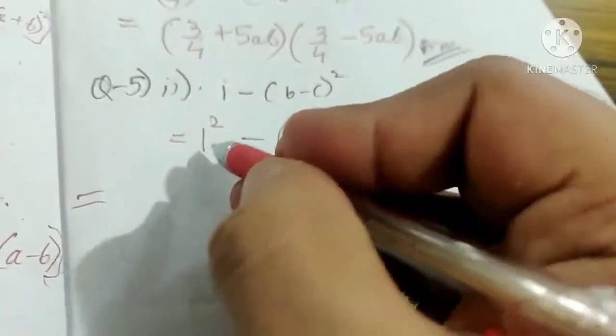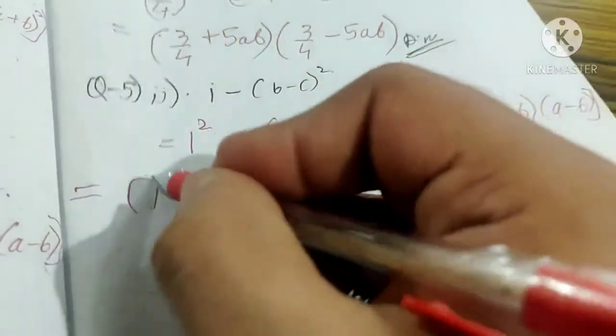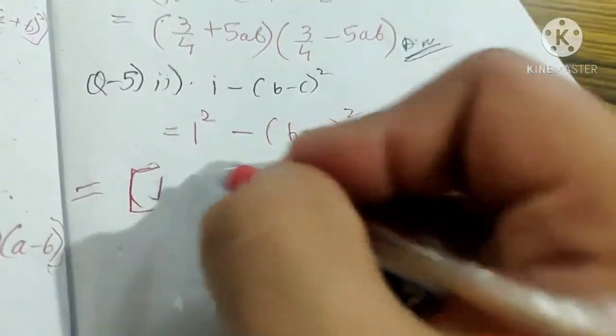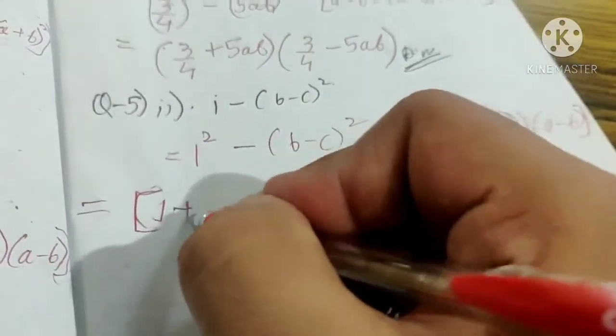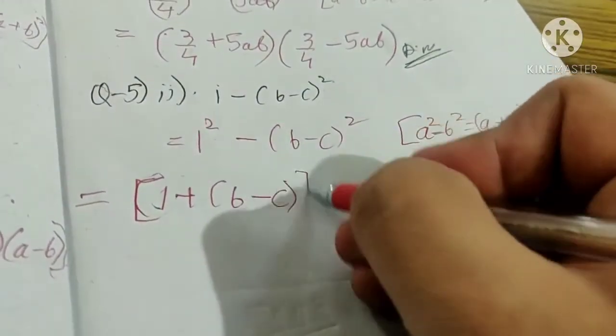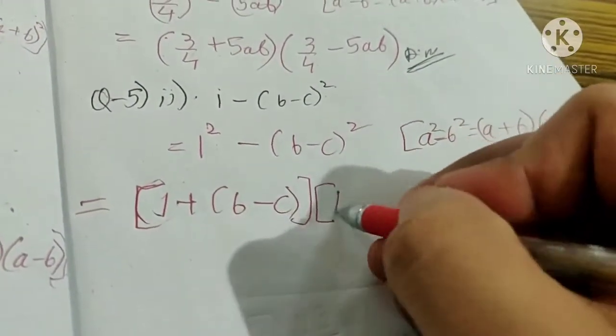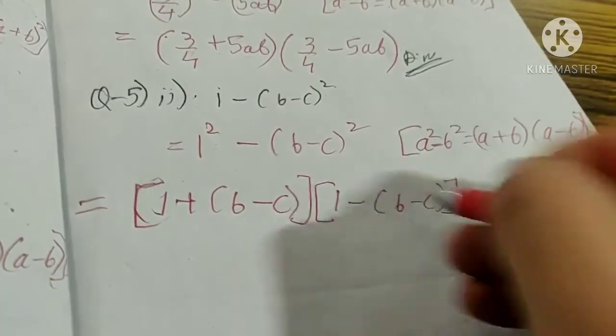So what is a here? A here is 1. So a plus b, that is 1 plus (b minus c), into a minus b, that is 1 minus (b minus c).